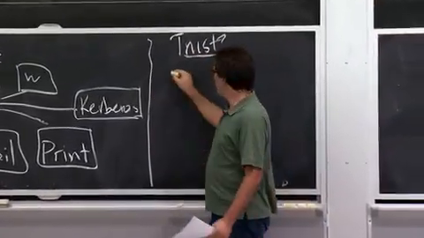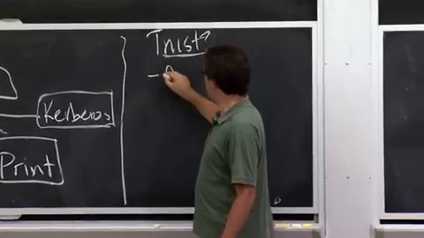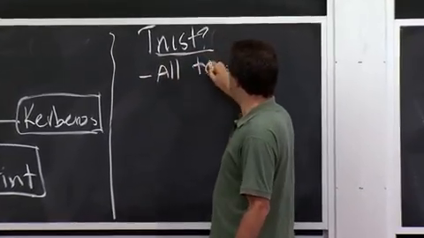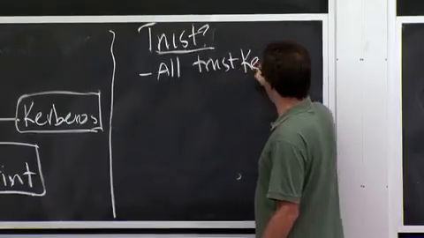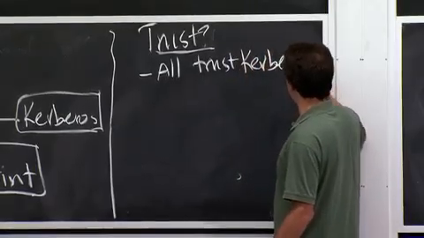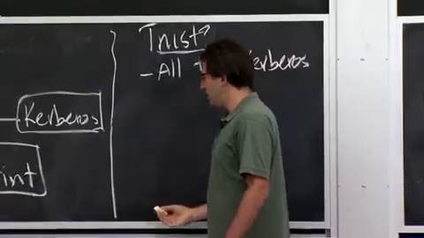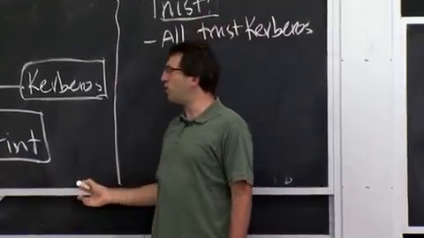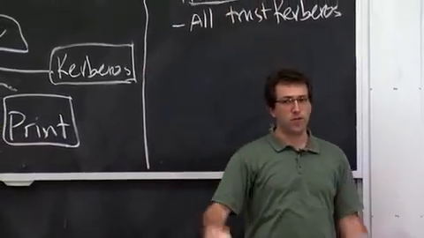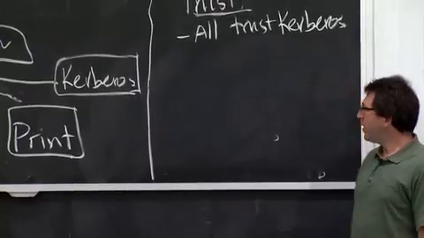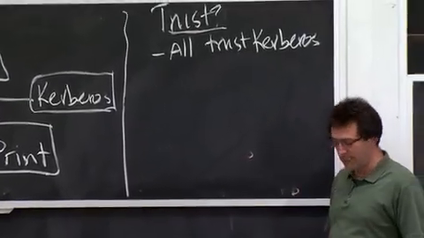Of course, one thing is that all parties have to trust the Kerberos server. That's an assumption these guys were willing to make at the time, that this Kerberos server would be in charge of all network authentication in some form or another. Do we have anyone else that has to trust anything in this setting?